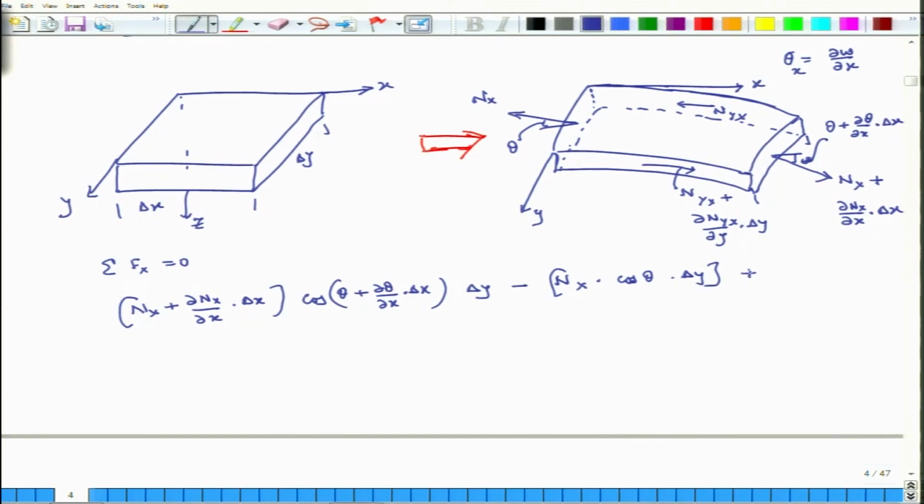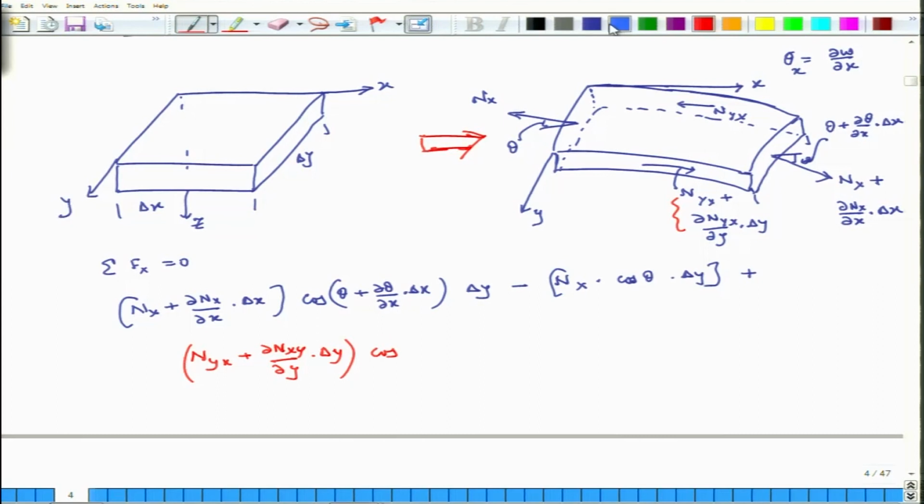plus now I have to see forces related to nyx. So, we consider this force. So, I get nyx plus del nyx over del y times del y, and cosine.